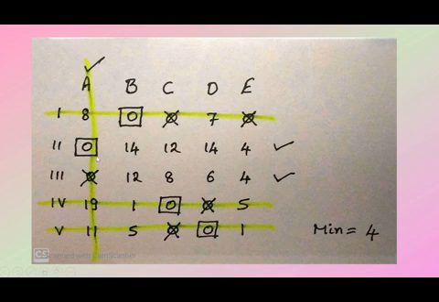So first column, I find the first zero, I make an assignment, cross off the zeros in the same row, same column. So now I am remaining with two zeros in third column and two zeros in fourth column. So third column, I make an assignment, cross off the zeros in the same row, same column. I'm left with only one zero in the fourth column, make an assignment.